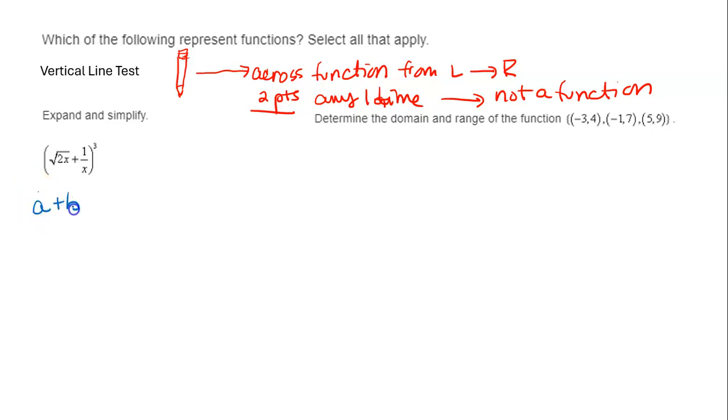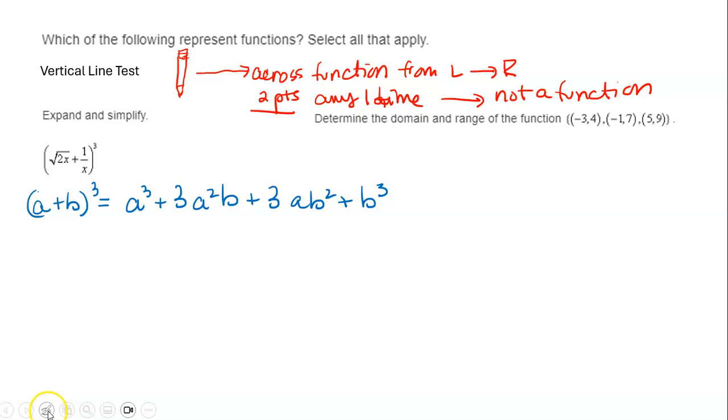So a plus b cubed is equal to a cubed plus 3a squared b plus 3ab squared plus b cubed. This is something I had to look up. Don't think that I'm all that. So a is going to be square root of 2x, b is going to be 1 over x, and we're going to plug those in.